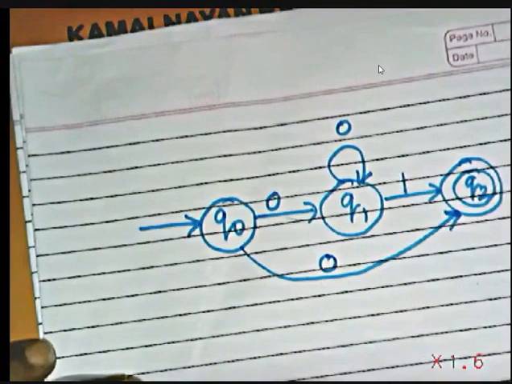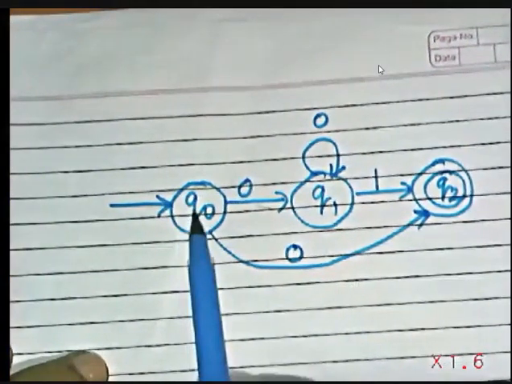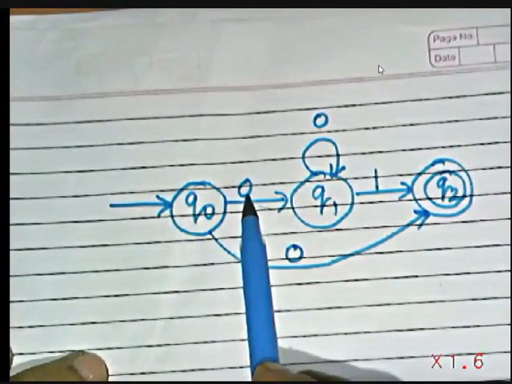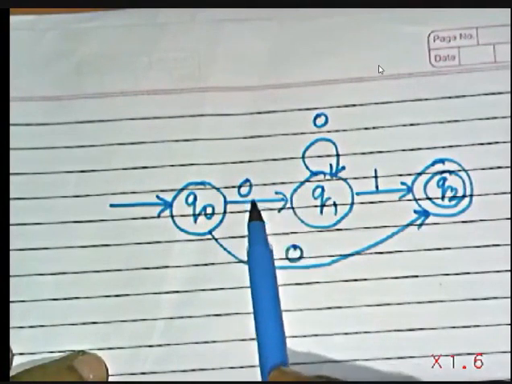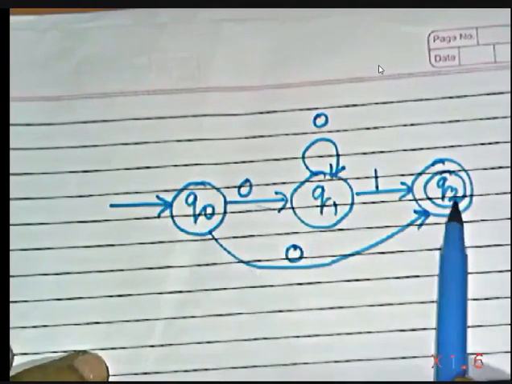Now what had happened in this case? The thing is, with the current state Q0, on input symbol 0, it is having two paths. Either it can move to Q1 or it can move to Q2.